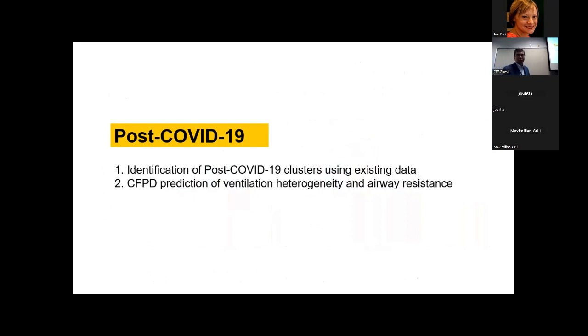Finally, let's look at post-COVID-19. The reason we did not have an in-person meeting over the last 2 years is because of COVID. So we only have the CT data, but we don't have SPECT. So here I'm going to show you the imaging clusters for post-COVID and also CFD predicted results.